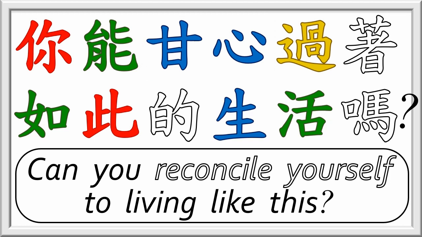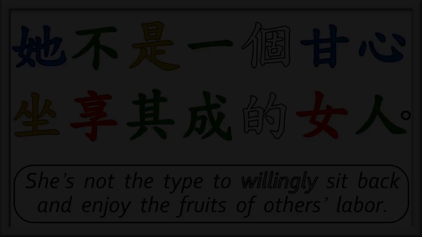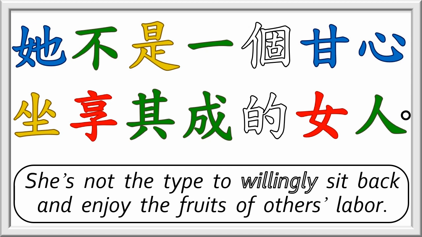Can you reconcile yourself to living like this? 她不是一个甘心坐享其成的女人. She's not the type of woman who willingly sits back and enjoys the benefits of other people's labor. Notice that 其 here serves as a third-person adjective, meaning someone else's labor.